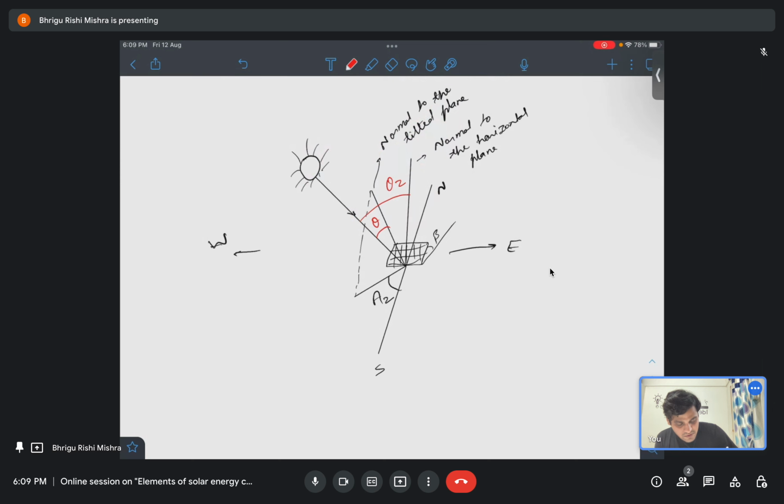So it can also be depicted as theta I, meaning incident. When beta equals 0, theta I is nothing but theta z, that is the zenith angle.